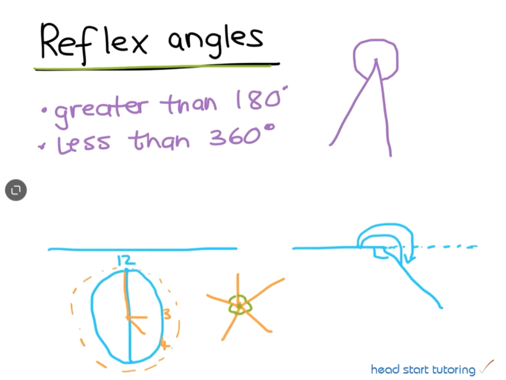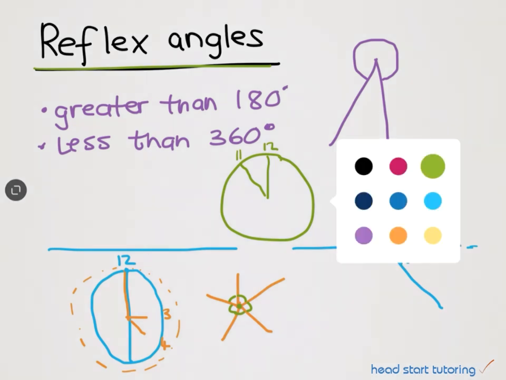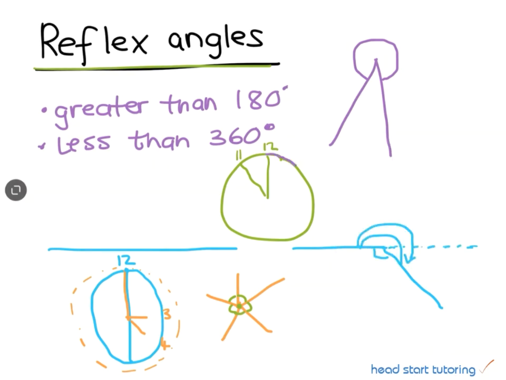So if we have a look, let's draw, we've got a clock, and if our minute hand there moves from 12 o'clock and it ends up getting to 11 o'clock, so we end up going all the way around and we end up there. So this is what our angle will look like. We'll go all the way around and we only end up there.